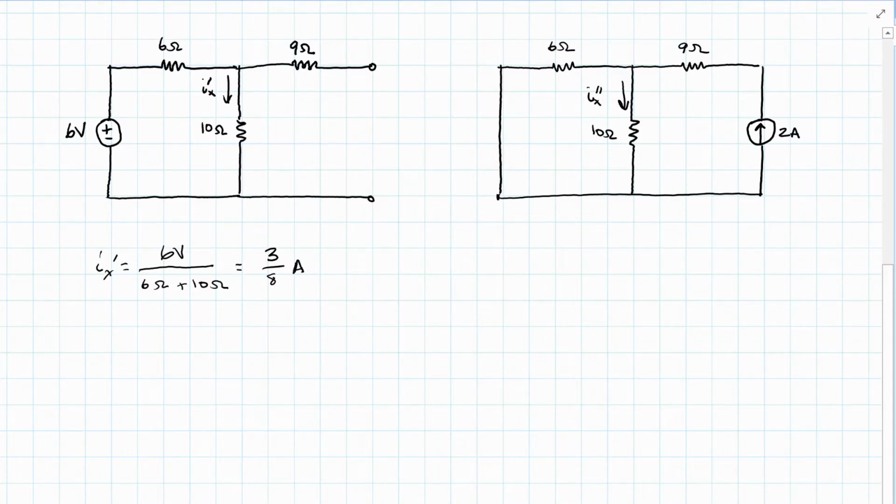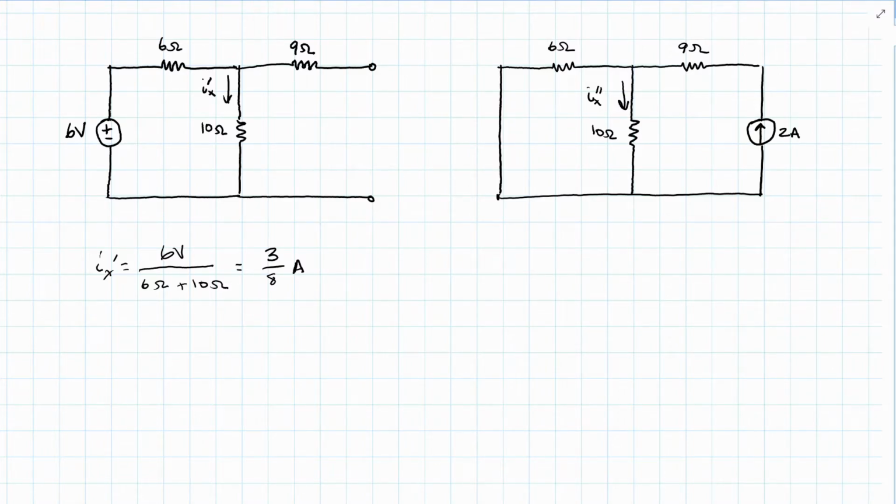Looking at the right-hand circuit, we can see that we have 2 amps of current flowing into the top middle node, which will split between the 6 ohm resistor and the 10 ohm resistor. We can use current division to find out how this current splits between the 6 and 10 ohm resistors.